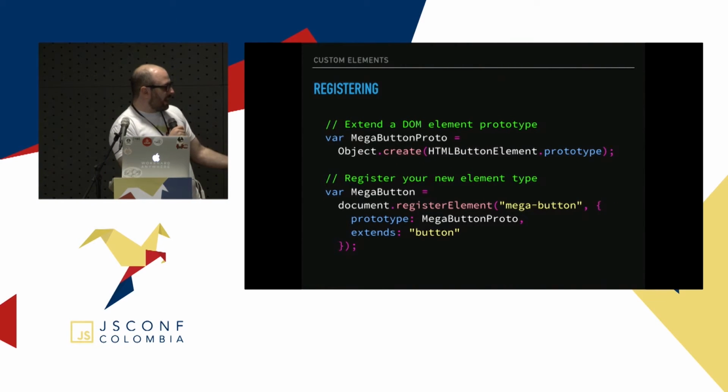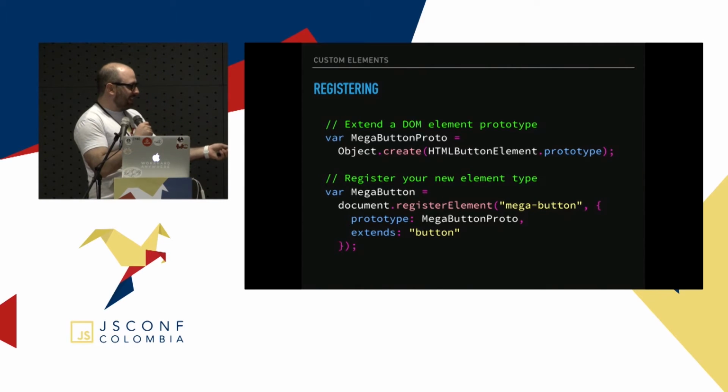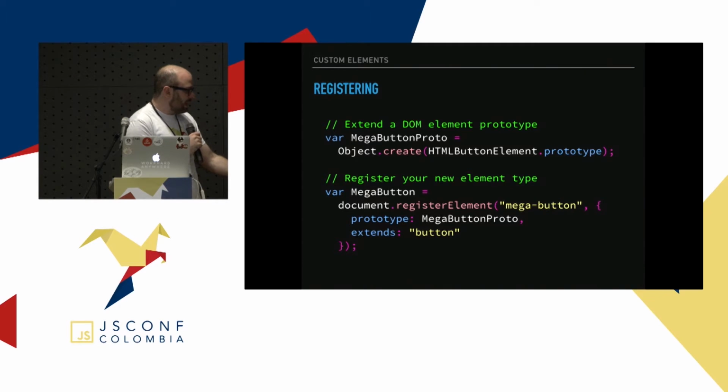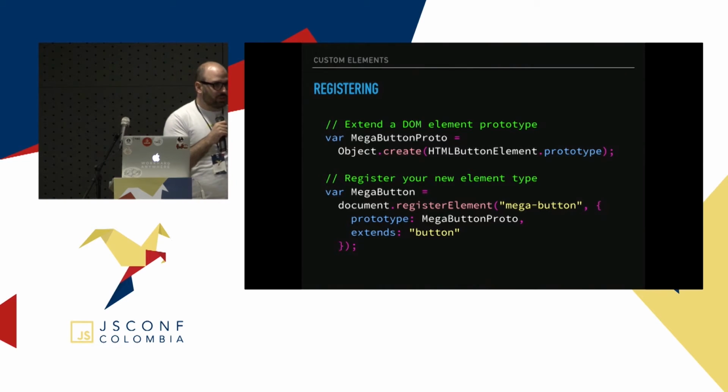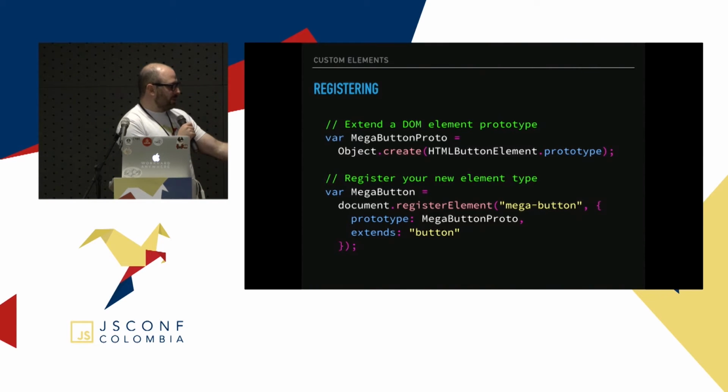We then register the element type by passing in this object here. We say, here's my prototype coming from up here, and it extends this button tag. So you have to do that twice, because this here is the JavaScript representation, and this is the HTML tag that is related to that JavaScript representation. You have to specify it both ways. And then you can use your new tag, right? And this would allow you to have angle bracket mega dash button instead of just button.